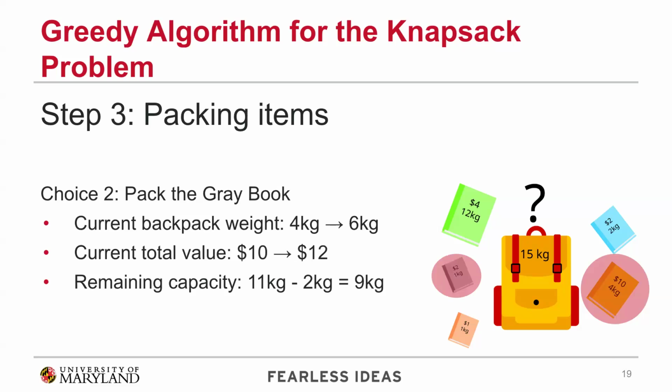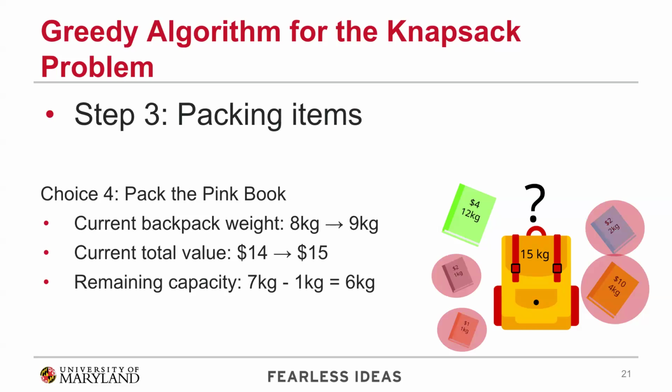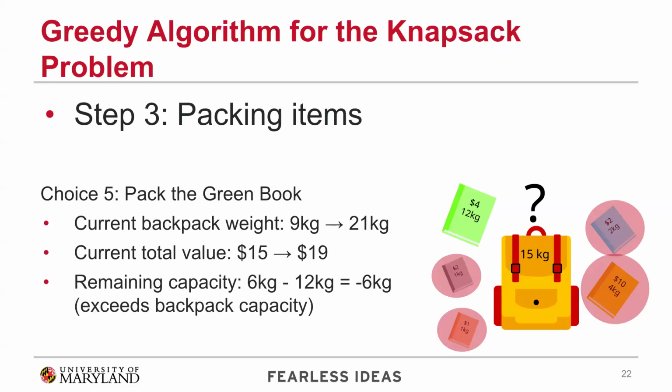We choose the next, the gray book, and the remaining capacity would decrease to 9 kilograms, and so on until the backpack is full. If we try to pack the green book, it would exceed the total capacity, and here we only obtain a knapsack with a total value of only $15. There are more optimal ways to pack a backpack, but this is only a greedy solution.